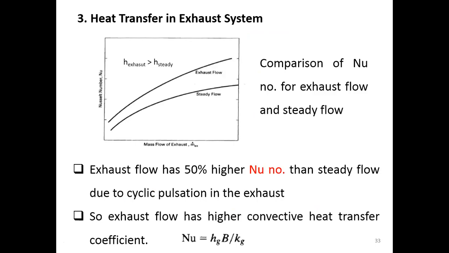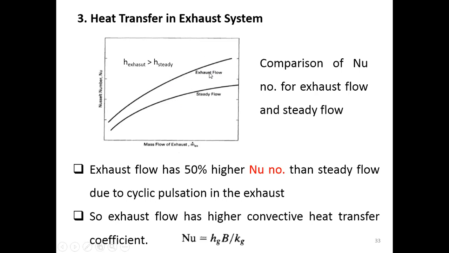How about the heat transfer that happened in the exhaust system? Here they show the Nusselt number versus the mass flow rate, for the actual exhaust flow compared with a virtual steady exhaust flow.